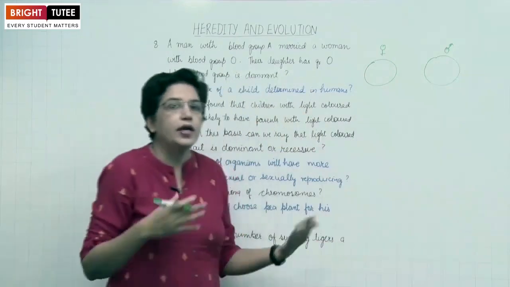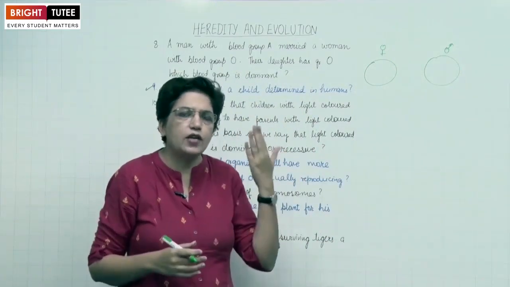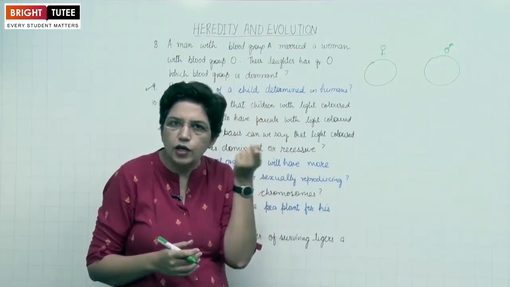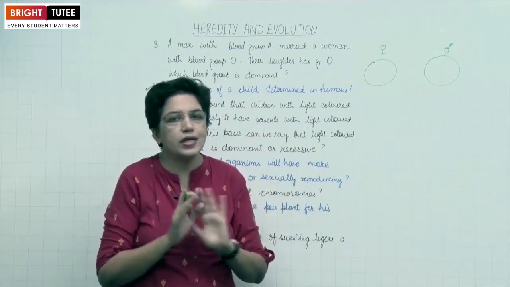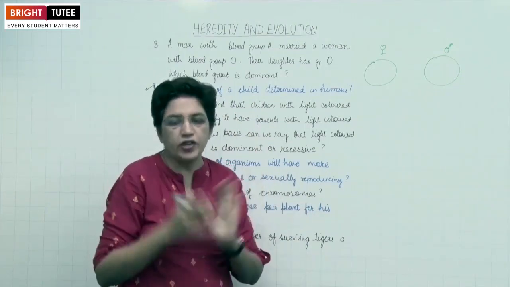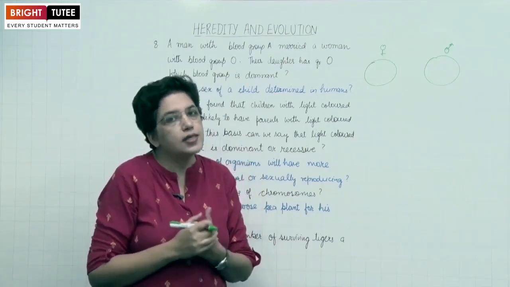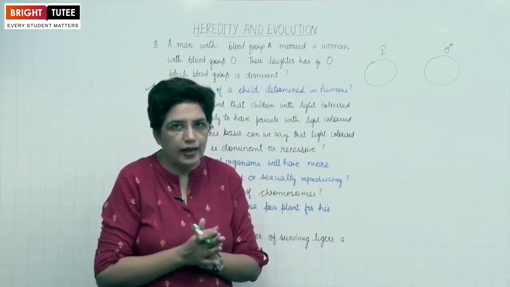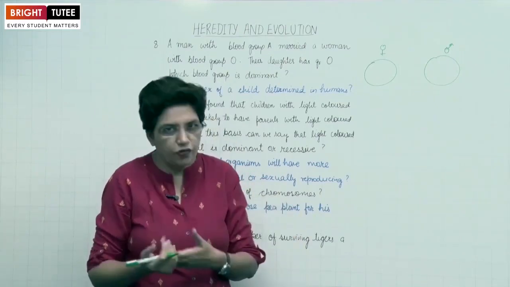Out of that, 22 pairs determine all other characteristics, right from small things like color of the hair, color of the skin, height, functioning of organs and thousands of other characteristics. But the 23rd pair actually determines the sex of the organism.